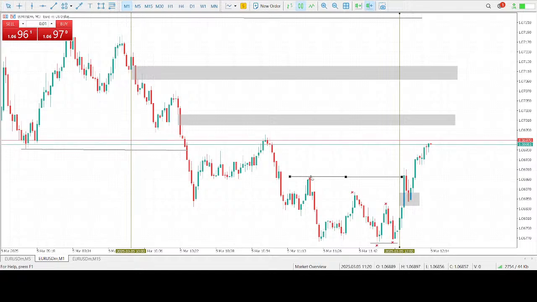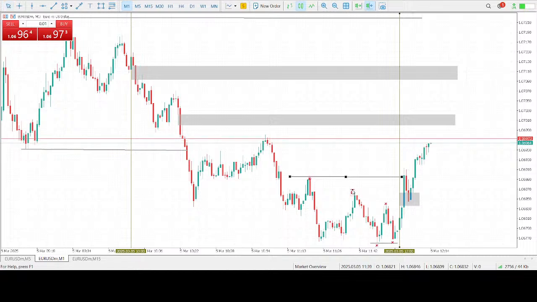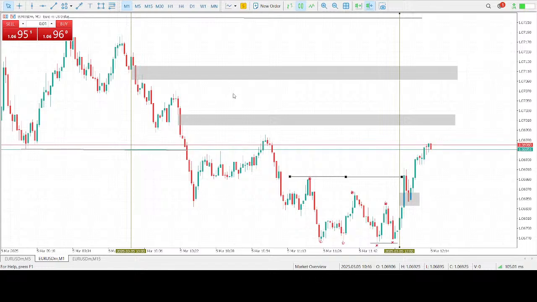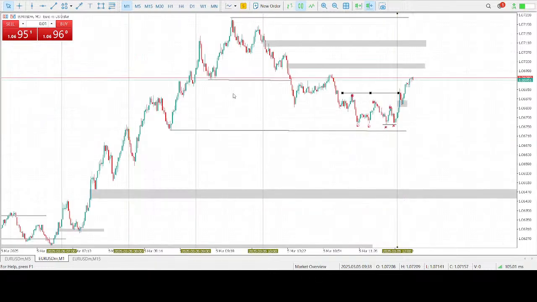We can see price has taken this off, this has been taken off, this has been taken off, these were initially taken out, these were initially taken out, and now we have liquidity that lies above this price point up.